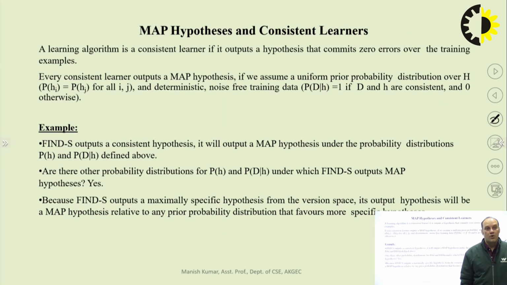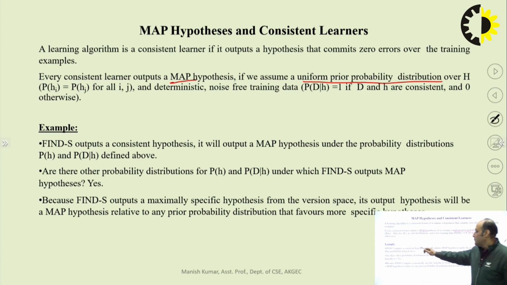Okay, so MAP hypothesis and consistent learner, what does it mean? It means that a learning algorithm is a consistent learner if it outputs a hypothesis that commits 0 error over any training example. So every consistent learner outputs a MAP, maximum a posteriori, hypothesis if we assume a uniform prior probability distribution over H. How is it assumed?